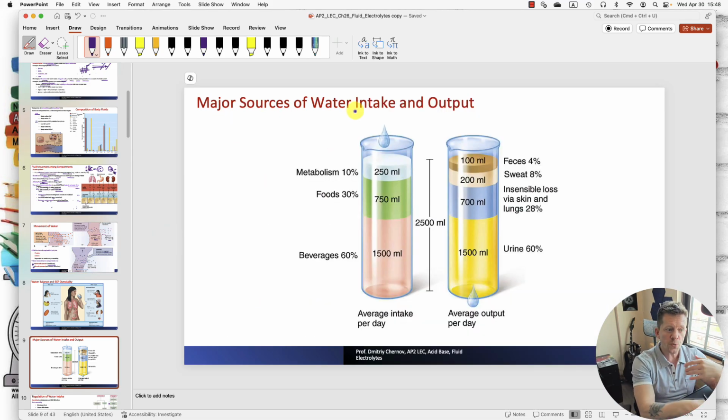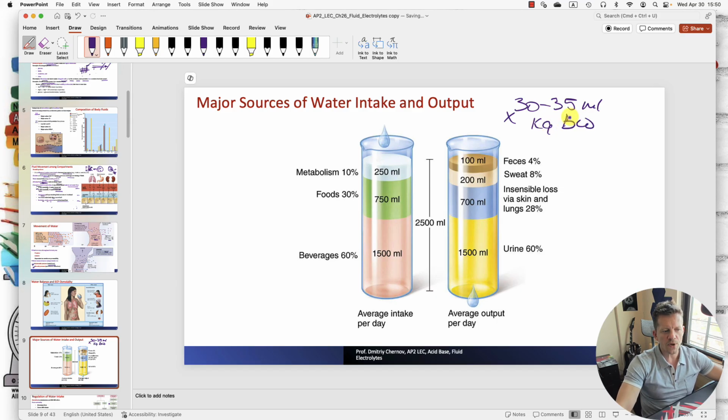So, major sources of water intake and output. Whatever we lose, we need to replenish. In metabolism, that's what we're supposed to drink, 2,500 milliliters. There's a formula: in healthy individuals you take 30 to 35 milliliters of water and multiply by kilograms of your body weight. That's a crude estimation.